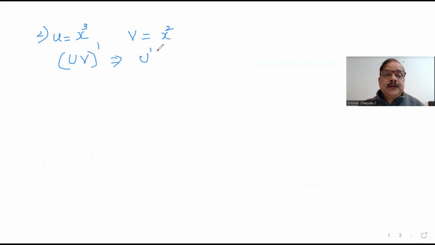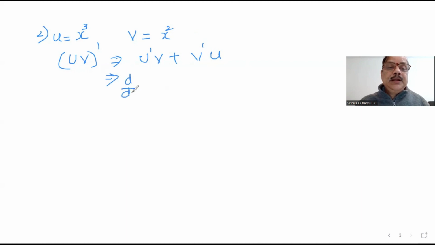Differentiation of first function into second function plus differentiation of second function into first function. So u dash, first function differentiation, d by dx of x cube into v, plus v dash, d by dx of x square into u.